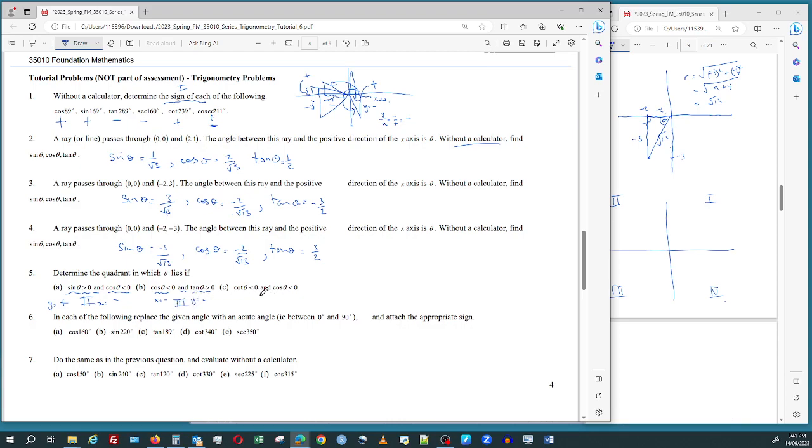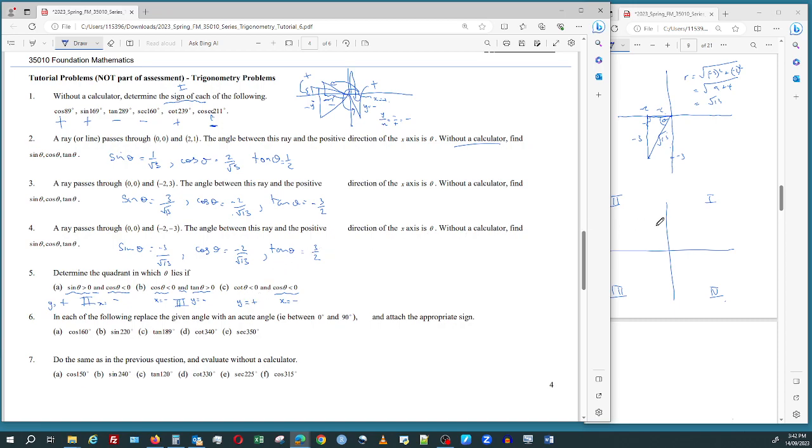All right, cotangent and cos, so x is negative. So where is x negative? It's this direction here, 2 and 3. And cot is negative. Cot is the reciprocal of tan. If the reciprocal of tan is negative, then we would need tan to be negative, which would mean we would need y to be positive.